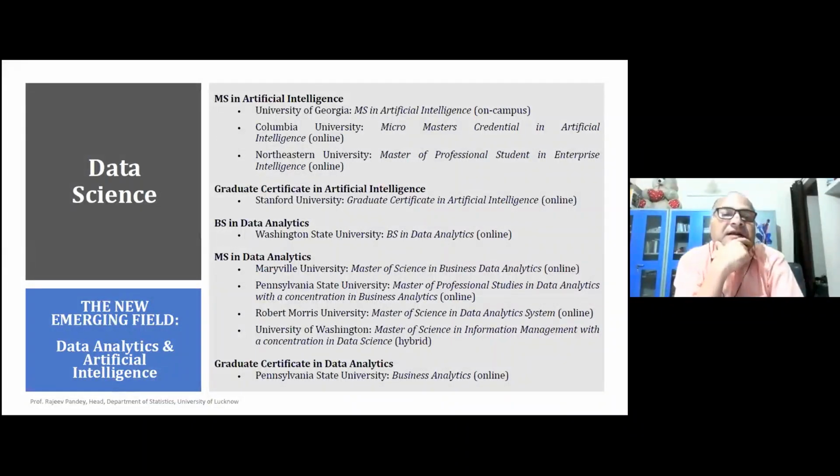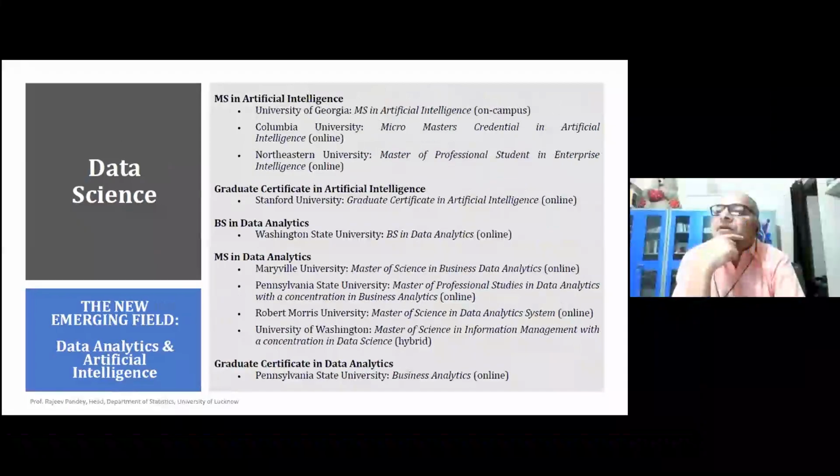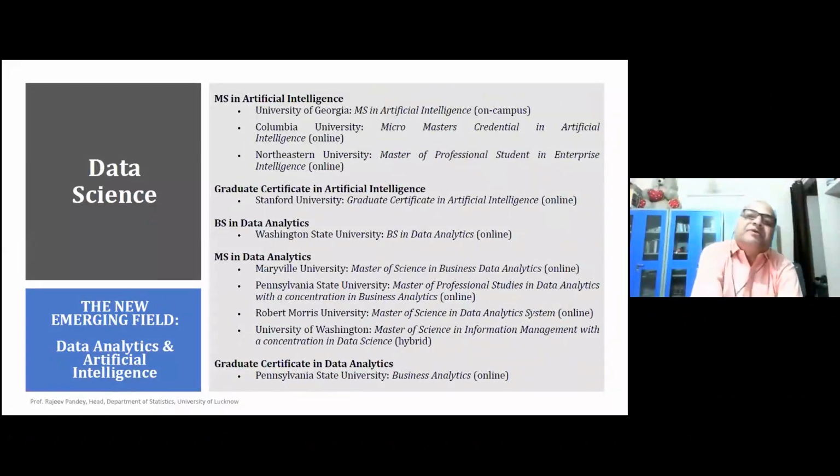Now I will just give the basic concept for our students. Data science is the new emerging field for our statistics students. What is data analytics and artificial intelligence? I just want to give one view. With the rise in big data, interest in data analytics roles has shown rapid growth.